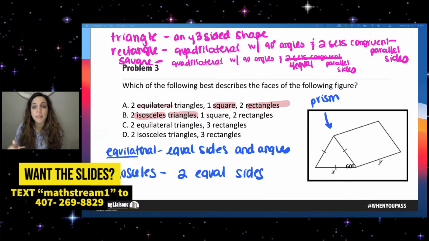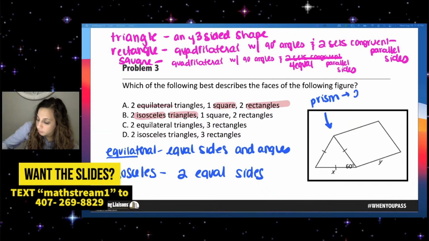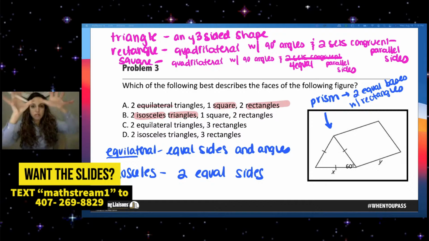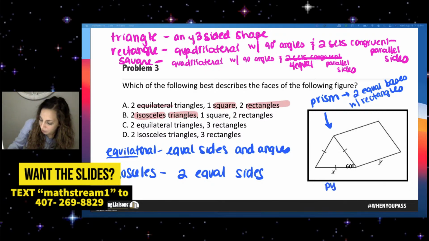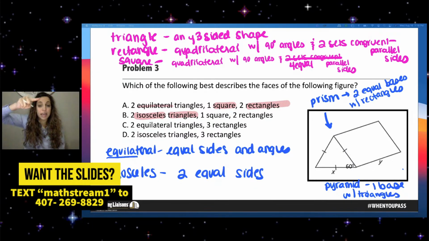A prism has 2 equal bases with rectangles surrounding the shape to close the shape off. A pyramid has 1 base with triangles extending up to 1 vertex.